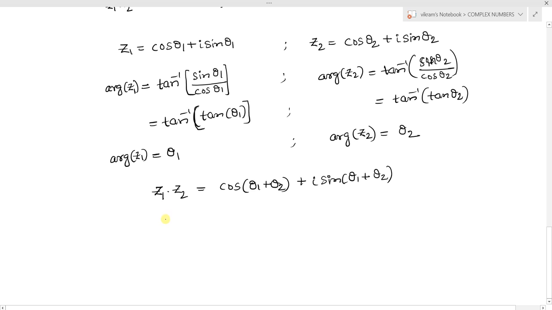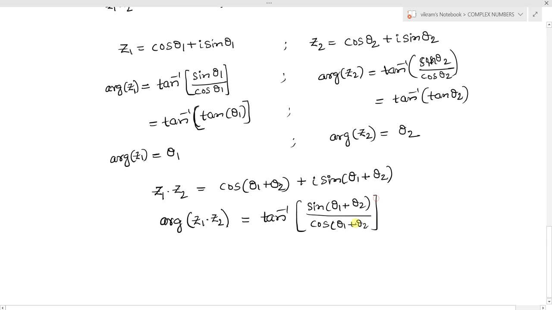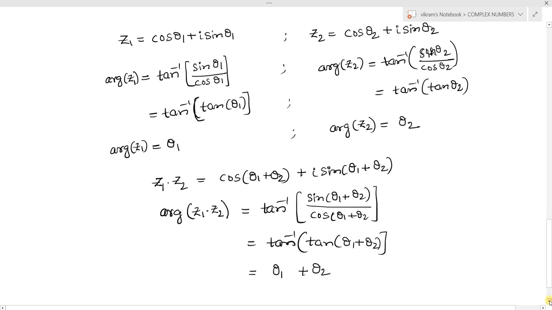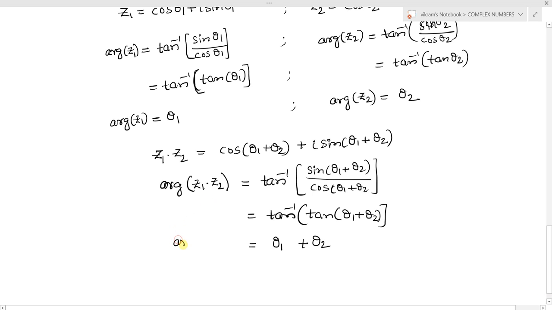Then the argument of the product z1 z2 is tan inverse of sine of theta 1 plus theta 2 by cos of theta 1 plus theta 2, which equals tan inverse of tan of theta 1 plus theta 2, and the result is theta 1 plus theta 2.